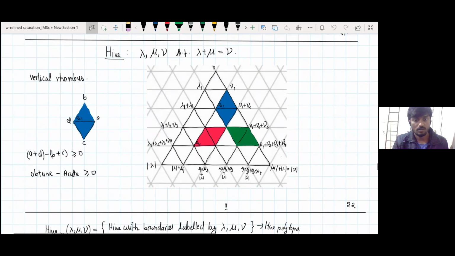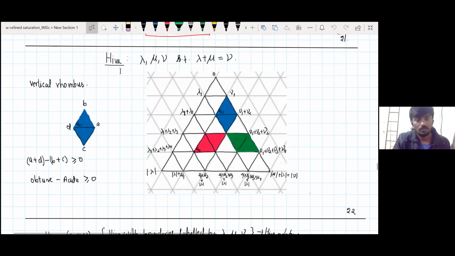So now I would like to define what a hive is. For a hive, I will take a three-partition lambda, mu, nu such that lambda plus mu equals nu. Here we have to do a little bit different labeling. On the left side, I have to take the partial sums of lambda. Before I was labeling 0, but now it's 0, lambda 1, lambda 1 plus lambda 2, like that.